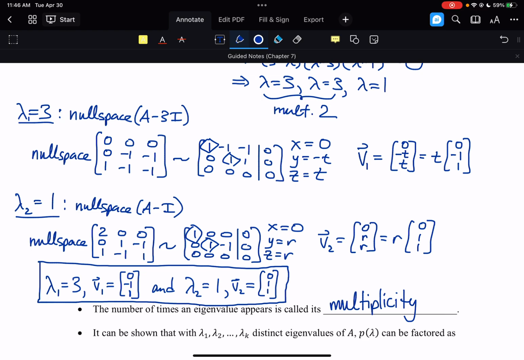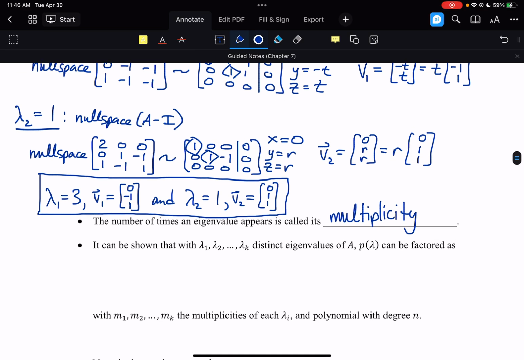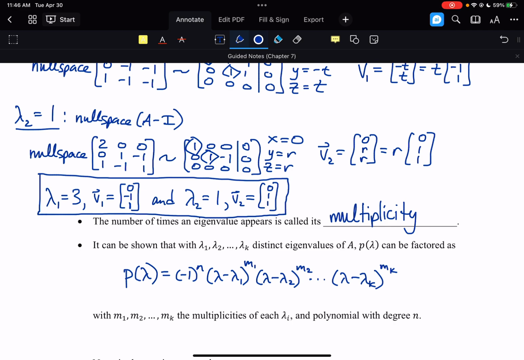And it can be shown that our characteristic polynomial can be factored as the following. P of lambda equals negative 1 to the n times lambda minus lambda 1 to the m1 times lambda minus lambda 2 to the m2, etc., all the way to lambda minus lambda k to the mk, where the lambda 1 through lambda k's are the distinct eigenvalues, and m1 through mk are the multiplicities.